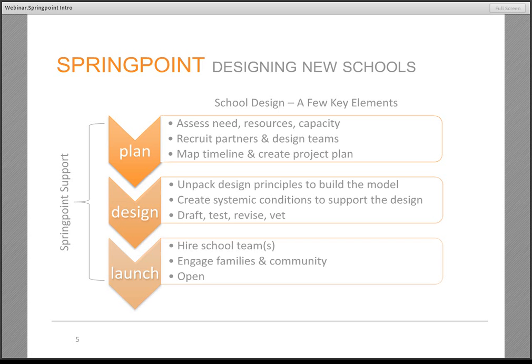The work really calls for a lot of invention, and the partnership of supportive districts and networks along with the entrepreneurial design teams and leaders ready to work together for this challenge are who we're looking to support. Springpoint will do all we can to support selected districts and school networks and their design teams through the process of planning, designing, and launching.